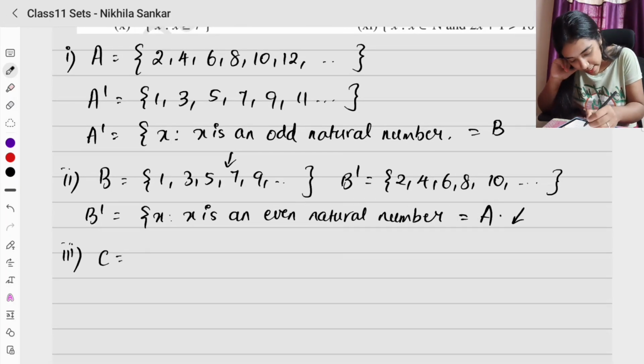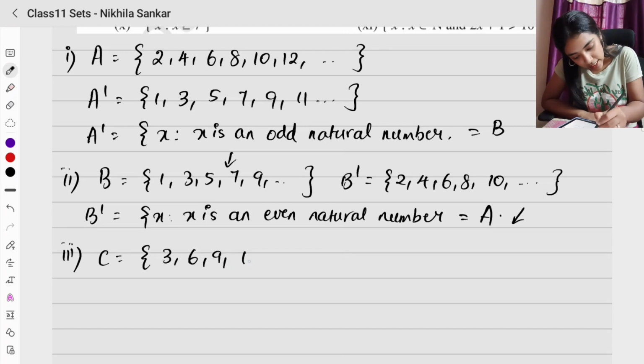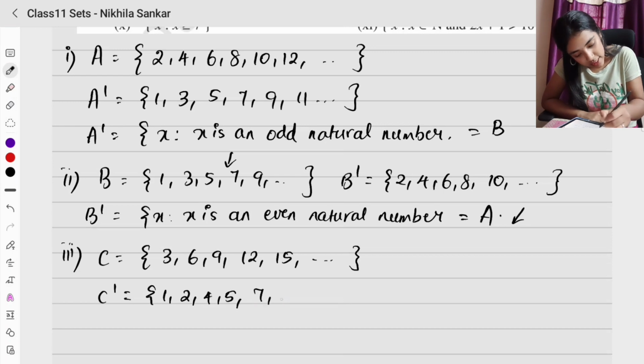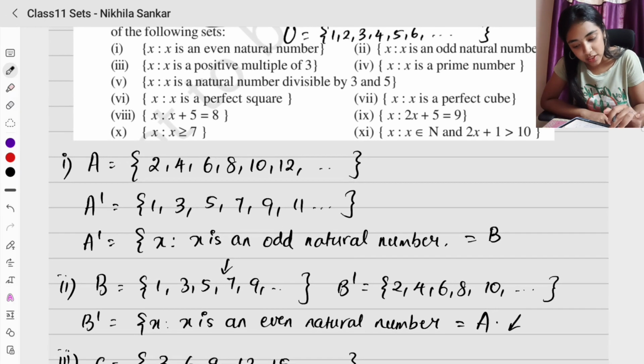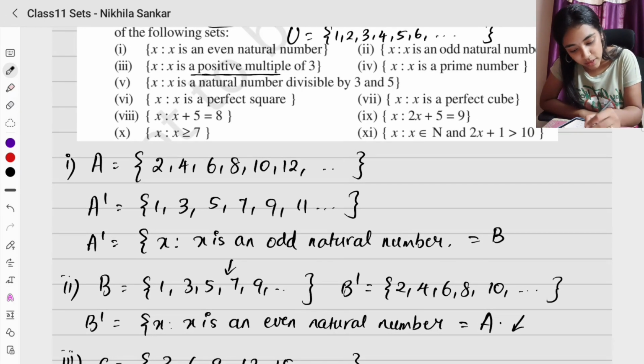So I have C equals x is a positive multiple of 3. So it is going to be 3, 6, 9, 12, 15 and so on. So what is going to be my C dash? It is 1, 2, 4, 5, 7, 8, 10, 11 and so on. So how can you write this in your set builder form? C dash is going to be x such that, what is given here? x is a positive multiple of 3.